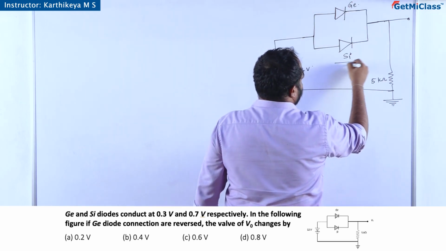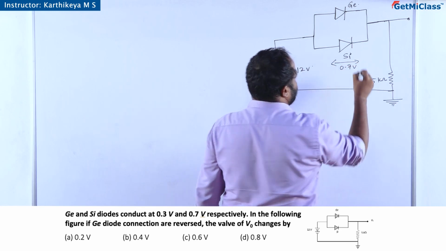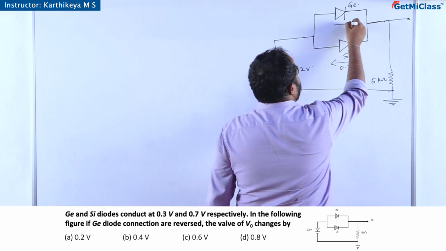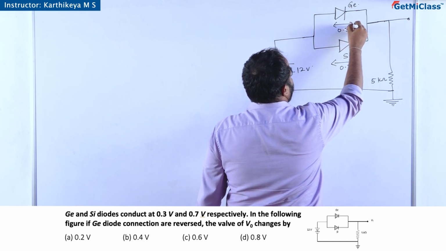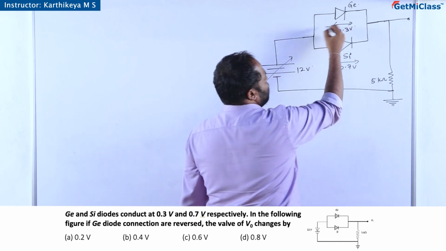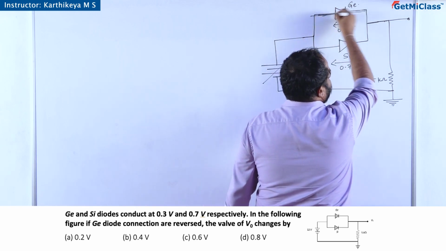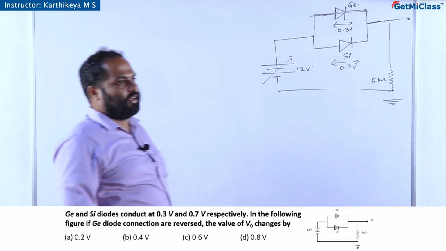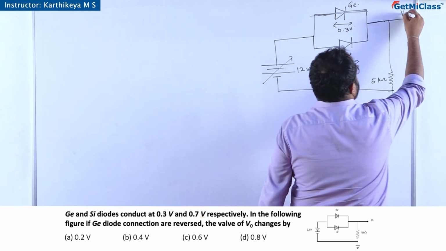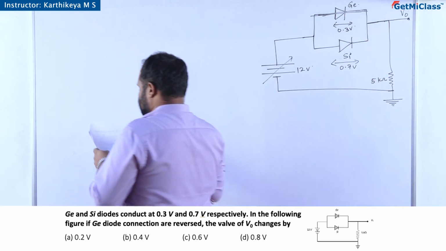See, this has got a potential barrier of 0.7 volt, the silicon. Germanium has got a potential barrier of 0.3 volt. So, whenever the applied voltage reaches 0.3 volt, germanium starts conducting very easily. So, we have to calculate what is V naught in that case.